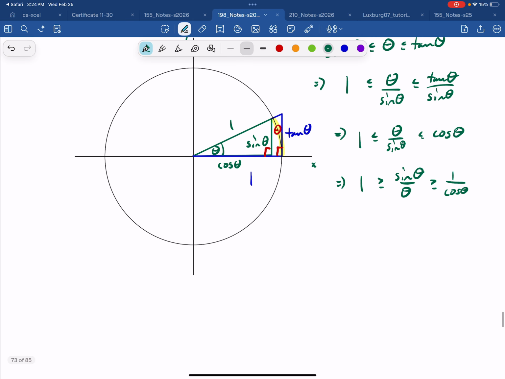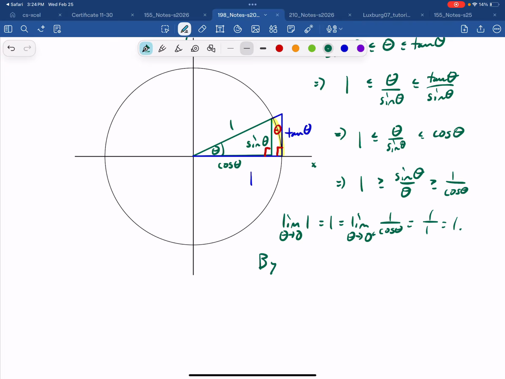Now at this point, if we remember the sandwich theorem, and we consider the limit as theta approaches 0 of 1, that's pretty clearly 1, but it's also the limit as theta approaches 0, from the right because it's positive, of cosine of theta, because that's just 1.